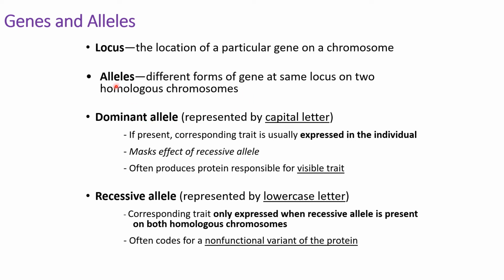Now, with alleles, you're going to have a dominant or a recessive allele. The way we write these out, dominant alleles are represented by a capital letter. Recessive alleles are represented by a lowercase letter.